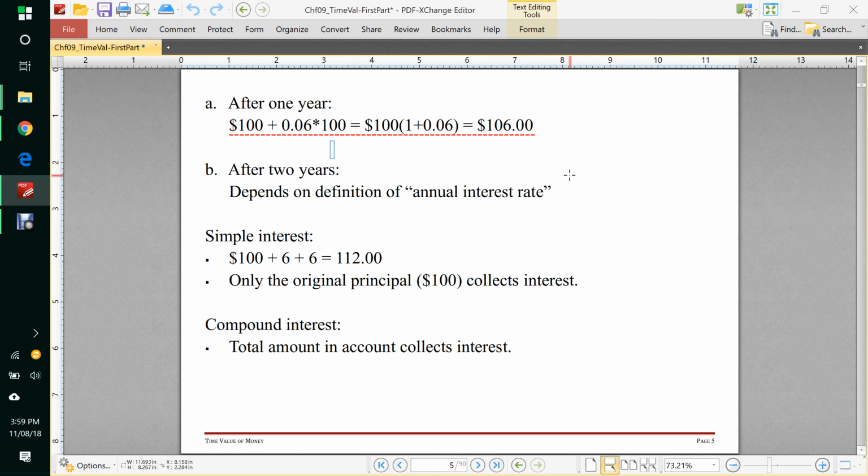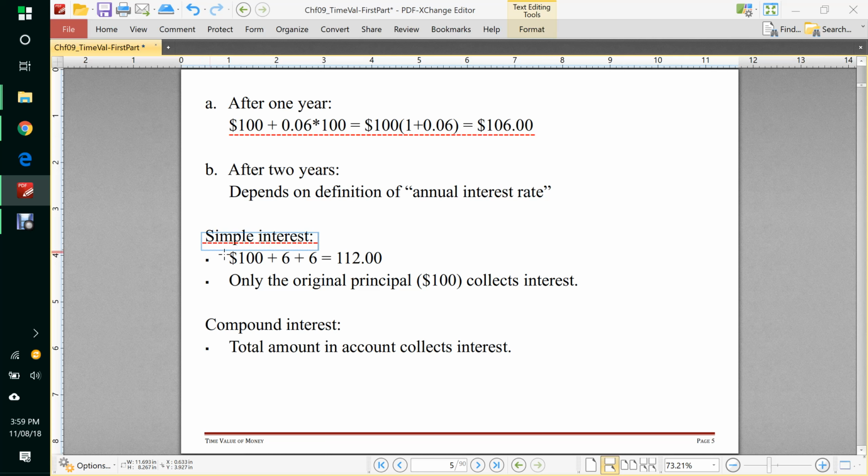And after 2 years, it actually depends on what our contractual framework is. It depends on what our definition of annual interest rate is. There are two common types of interest: simple interest and compound interest.